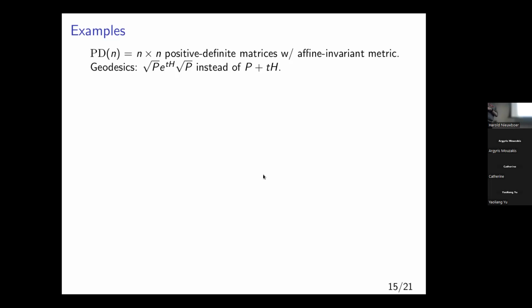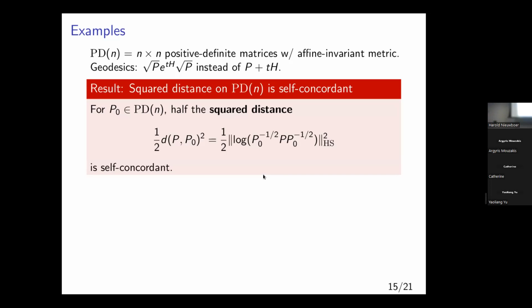In particular, this had the non-positive curvature property that I told you about, and the geodesics have this exponential form rather than a linear form. And you can show on this space the following result: the squared distance to a fixed point is a self-concordant function.